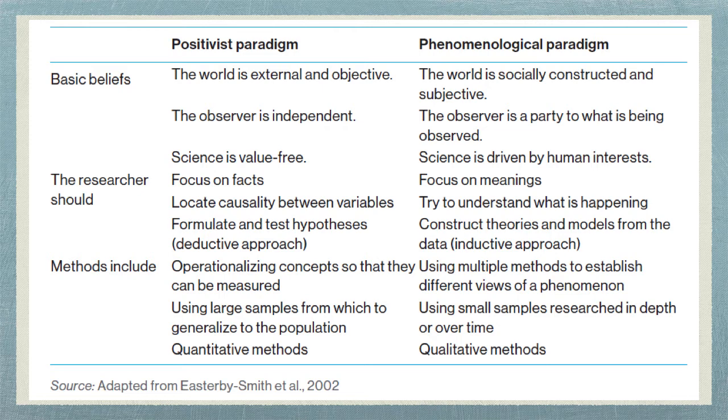How much changes in X when I do Y? The phenomenological approach takes up the relativist perspective that knowledge is plural and socially constructed, and this is the paradigm that underlies qualitative research, with its focus on an inductive or an emergent approach that focuses on meaning and constructing theories and models about what is happening.